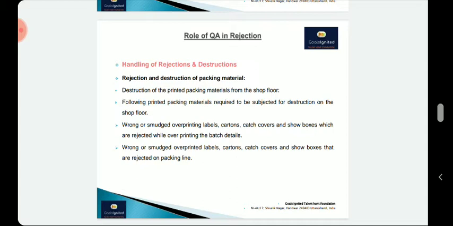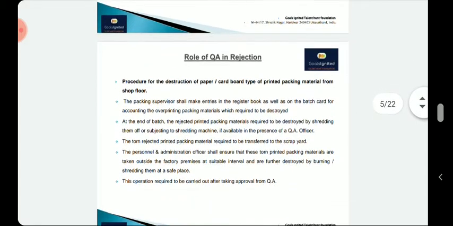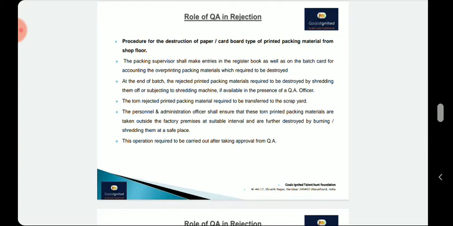The torn rejected printed packing material is to be transferred to the scrapyard in the presence of IPQA. The personnel administration officer shall ensure that the torn printed packing material is taken outside the factory premises at suitable intervals and further destroyed by burning or shredding at a safe place. This is the main requirement for handling printed packaging material rejected on the shop floor or from the plant. This operation is to be carried out after taking approval from the quality assurance department.